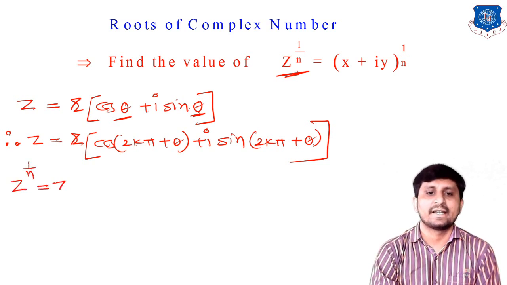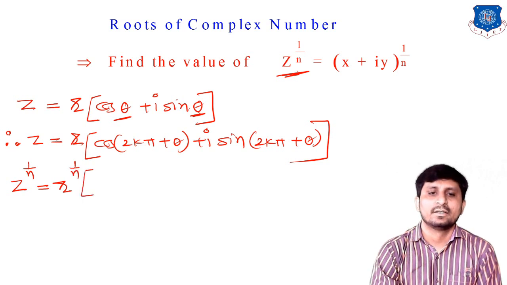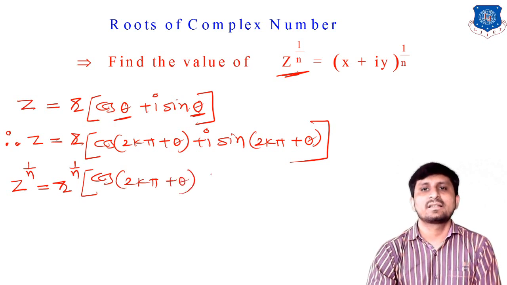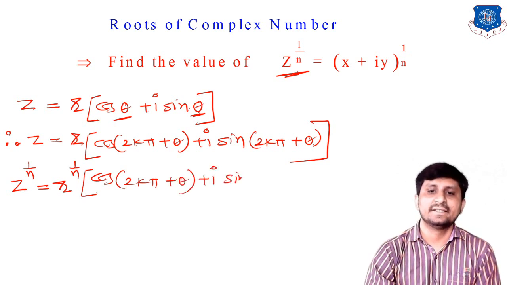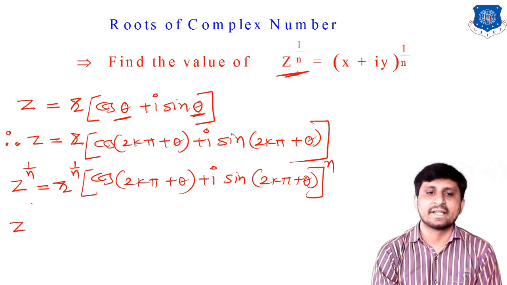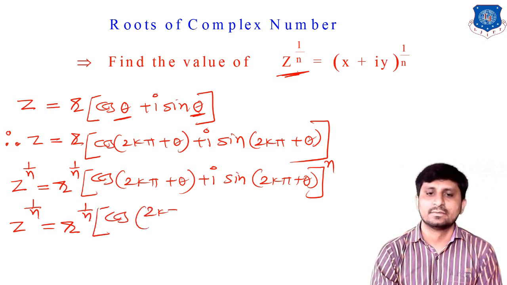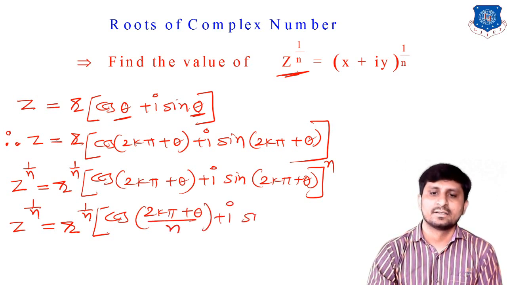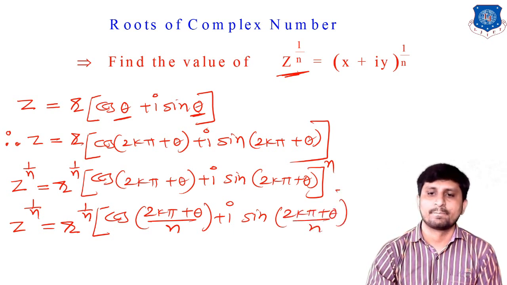So I can write r raised to 1 upon n, cos (2k pi plus theta) plus i sin (2k pi plus theta), the whole raised to 1 upon n, and now apply de Moivre's theorem. So z raised to 1 upon n is equal to r raised to 1 upon n, cos of (2k pi plus theta) by n plus i sin of (2k pi plus theta) by n.